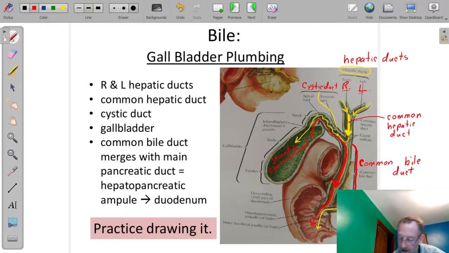Again, if you can't read this, pancreatic duct, and then they exit together through this common hepatopancreatic ampulla into the duodenum.